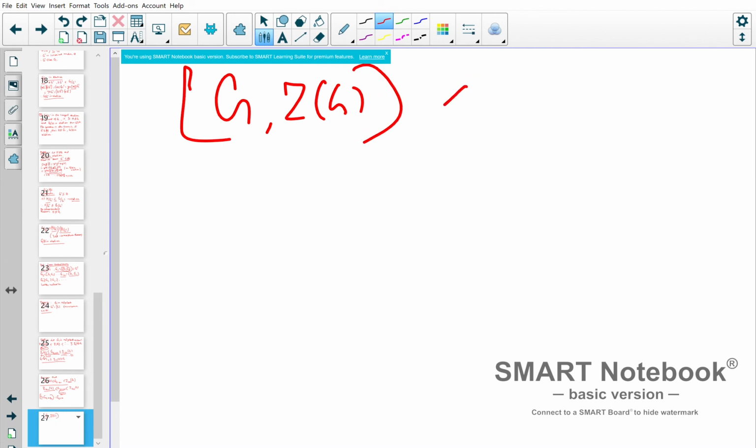The commutator will be inside Z of G, right?